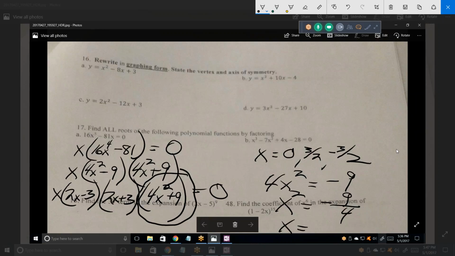Well, first of all, it's plus or minus, because whenever you solve an equation by taking the square root of both sides, always begin your answer with the words plus or minus. And the square root of minus 9/4 is 3/2, but it's a minus, so it's 3/2 i.